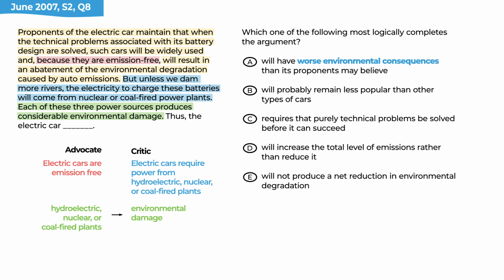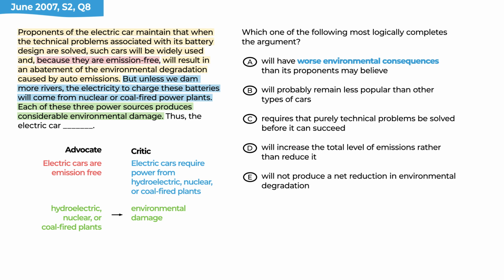And the critic of the electric cars is suggesting, hey, look, there's going to be some environmental damage caused by the energy produced to fill the battery. So that simply means that the benefit of an emission-free car won't be as good as the proponents are suggesting, because there's going to be also that additional damage caused by the production of the energy.